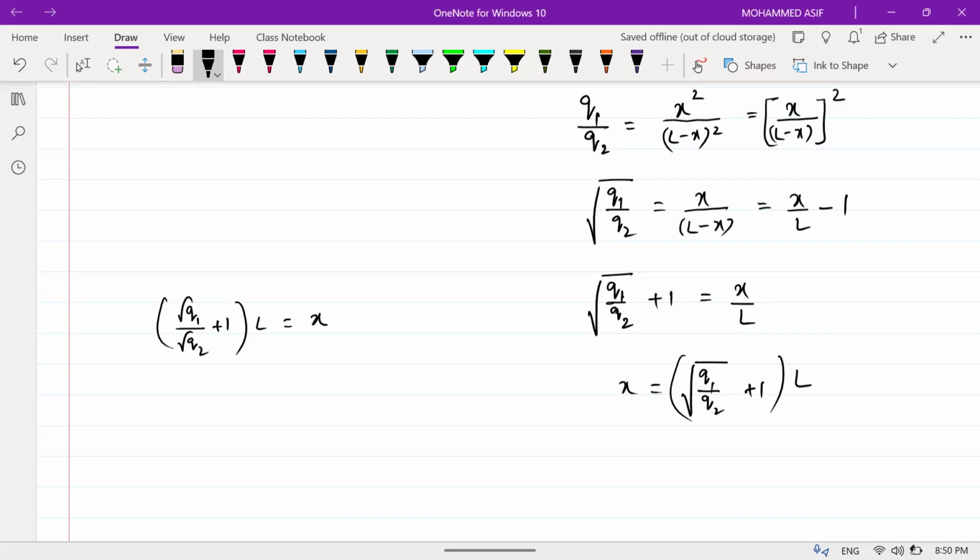Then, beta, yes, sir. Now tell me what is the value of x in this one. x value is equal to root of Q2 divided by root of Q1 plus 1 into L, part of relation.